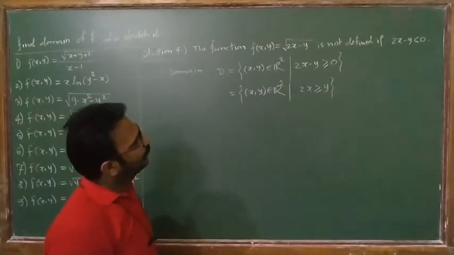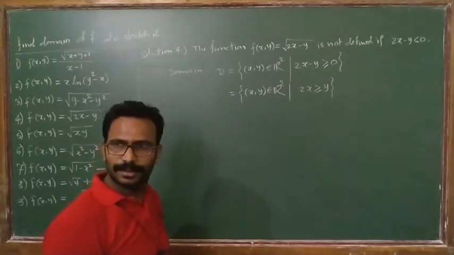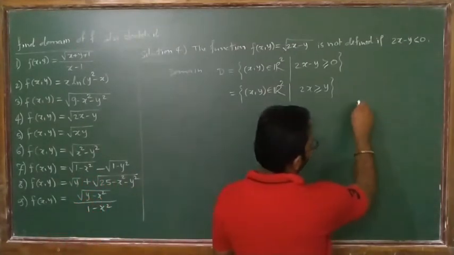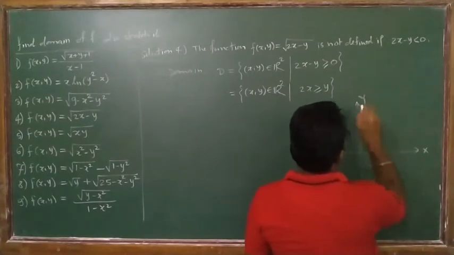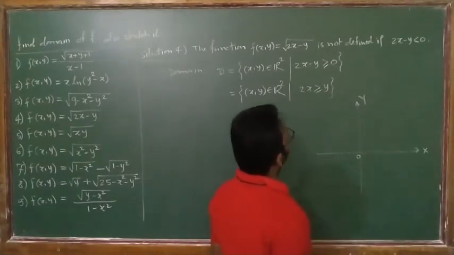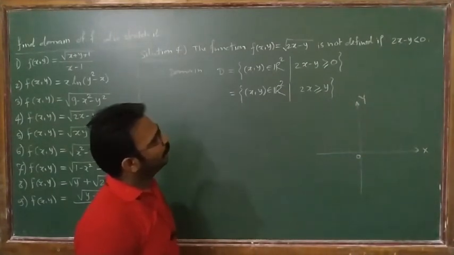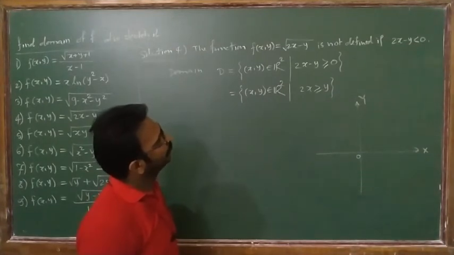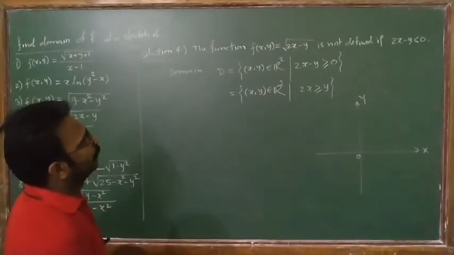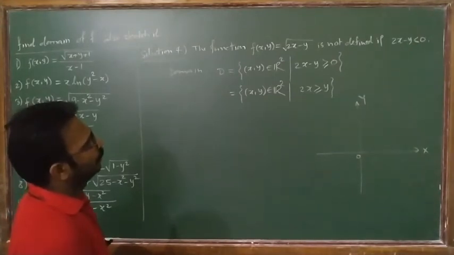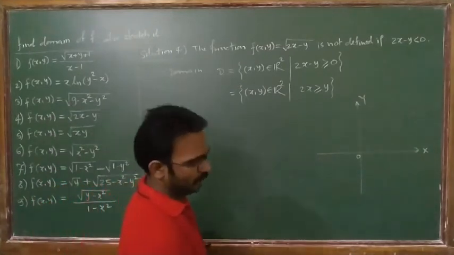So try to sketch this region. So y equal to 2x. 2x minus y greater or equal to 0, so 2x greater or equal to y.